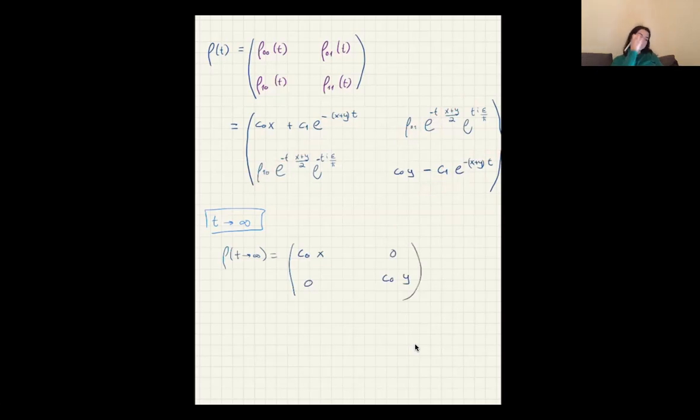Good. And we want this to be 1 over Z, e^(-epsilon_k over T), right? We want this to be the thermal state, the thermal state for this Hamiltonian at temperature T.